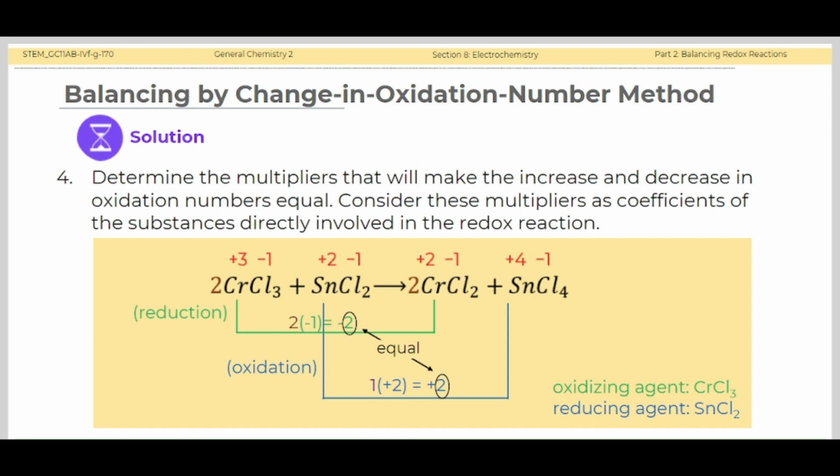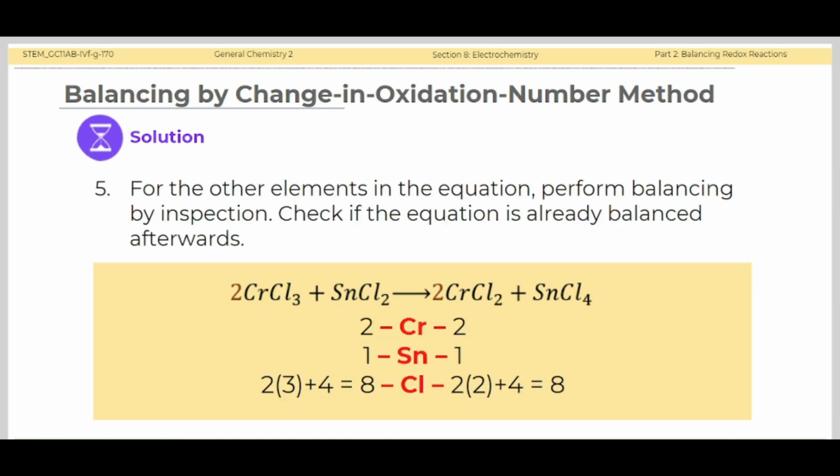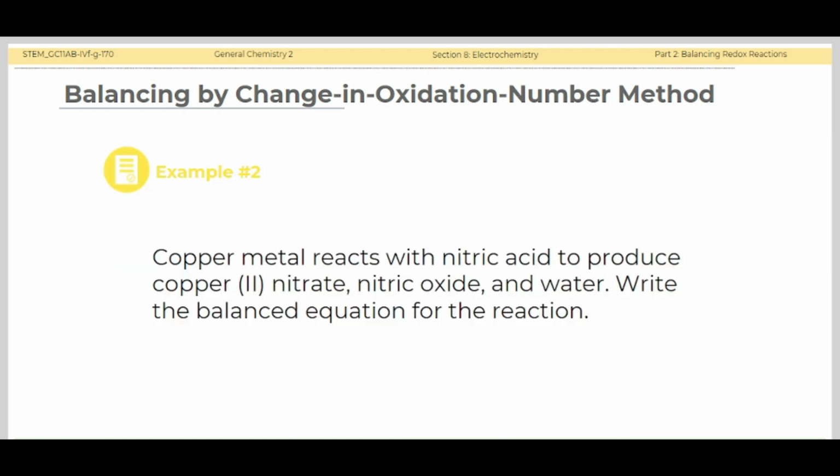The multiplier 2 in the decrease of oxidation number of chromium should be the coefficients of chromium-3 chloride and chromium-2 chloride. On the other hand, there is no need to adjust the coefficients of tin-2 chloride and tin-4 chloride since the multiplier is just 1. For the other atoms in the equation, perform balancing by inspection. And at this point, chloride is already balanced. With this, the equation is already balanced.